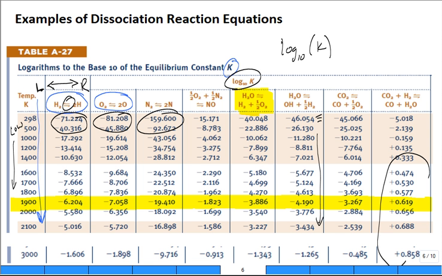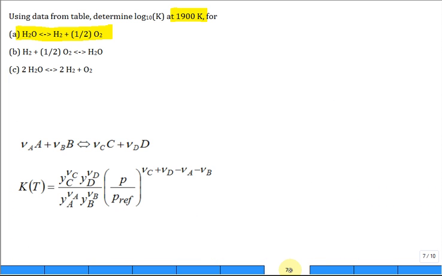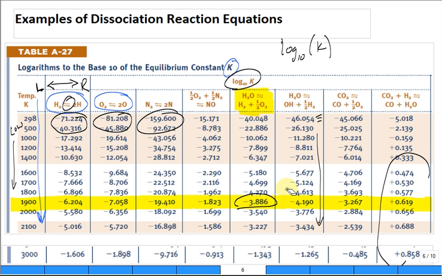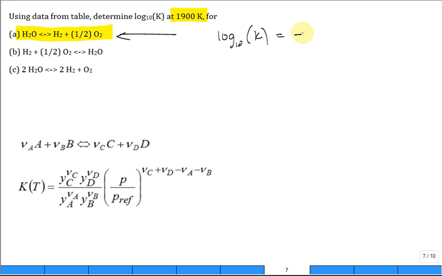They ask us in our problem, from the data in the table, determine log base 10 of K for that reaction. So for this reaction, log base 10 of K is equal to negative 3.886. Okay, so that was just going to the table and reading it.